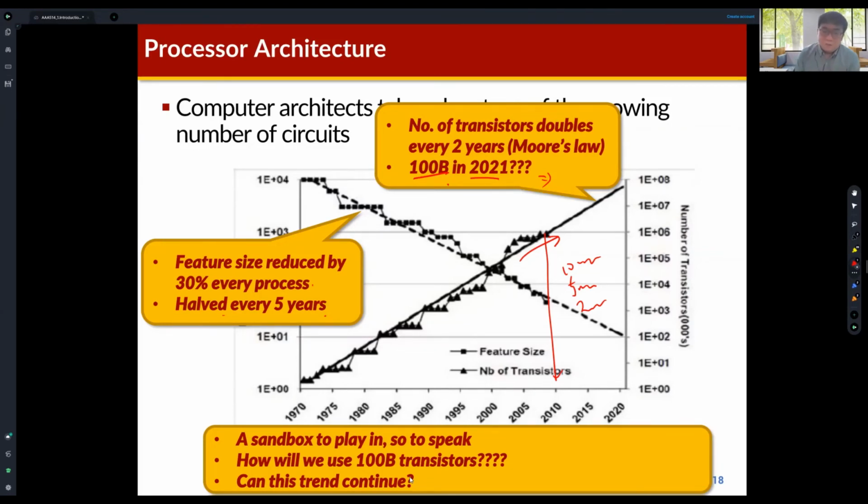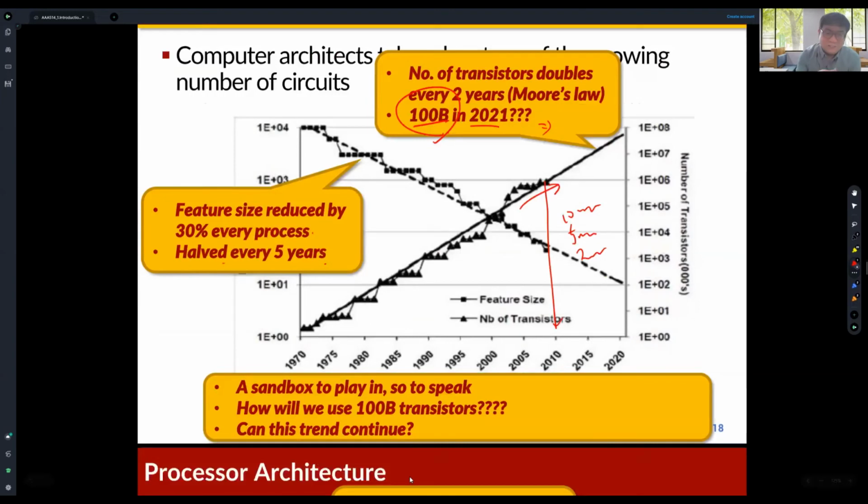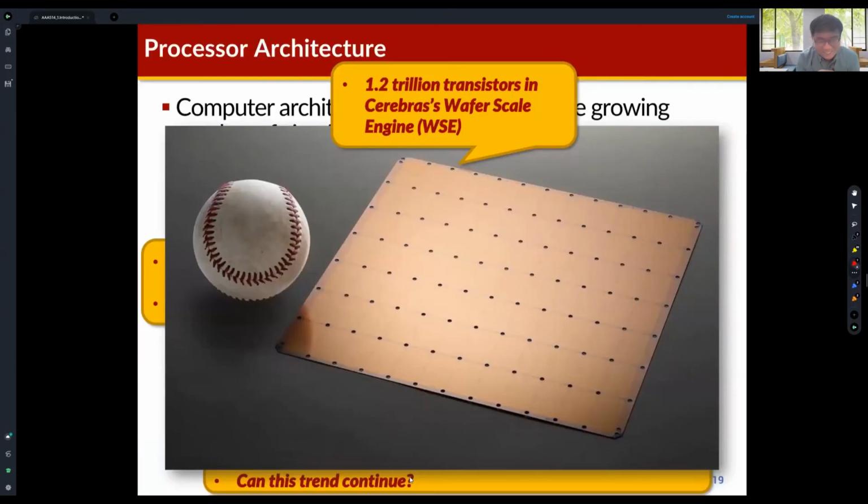So 100 billion. Can you find 100 billion transistors in a real chip? The typical number of transistors of a very large chip is, I think recently, about 10 billion, like NVIDIA GPUs. We cannot reach 100 billion transistors in a single chip, but it's not true actually. So what is this?